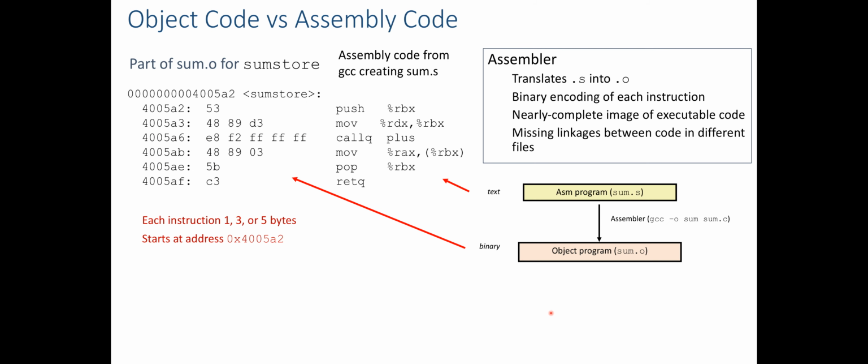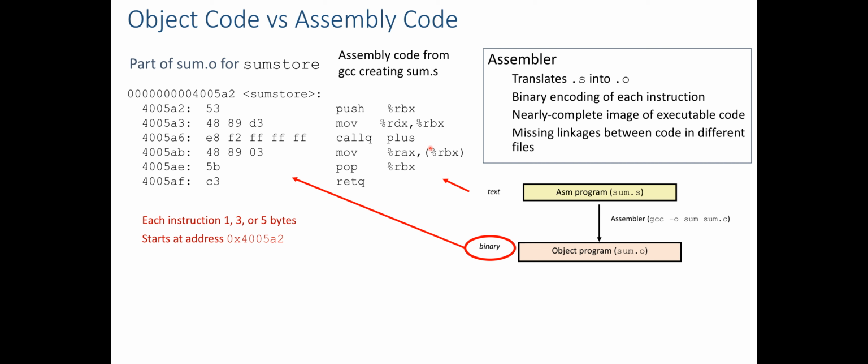Okay, so here on the left we have our object code. We don't like this very much. It's very hard to read. This assembly version is much easier. Now, part of GCC is something called an assembler, which takes the assembly version of the program and creates this binary version of the code.